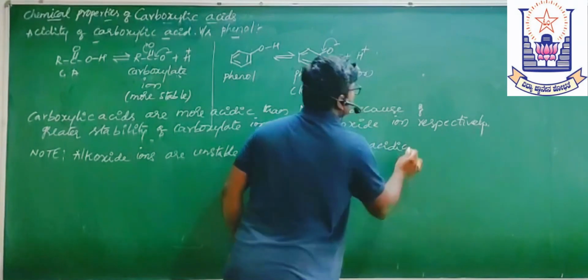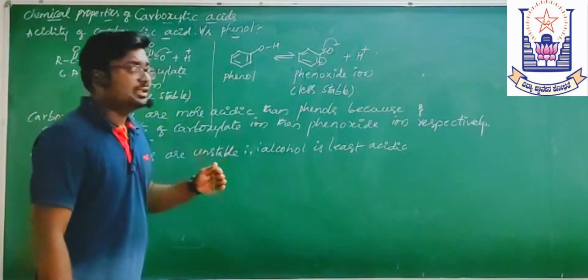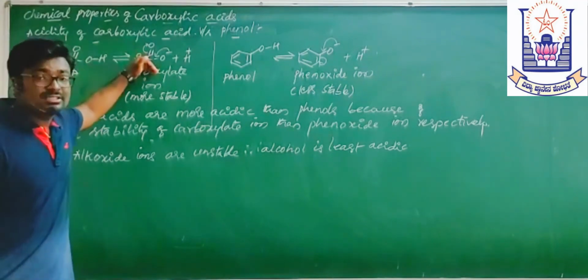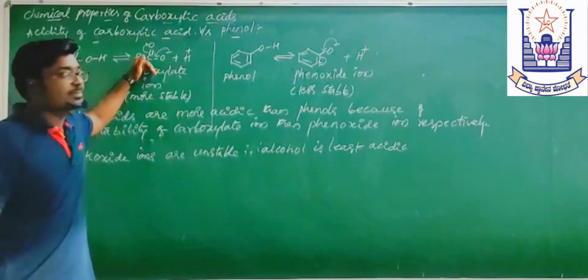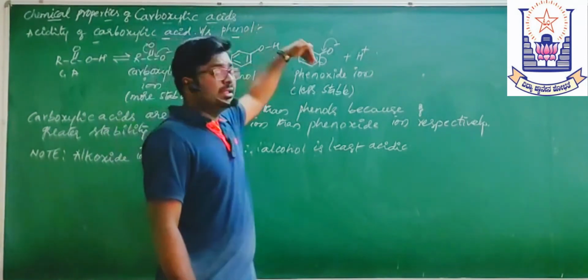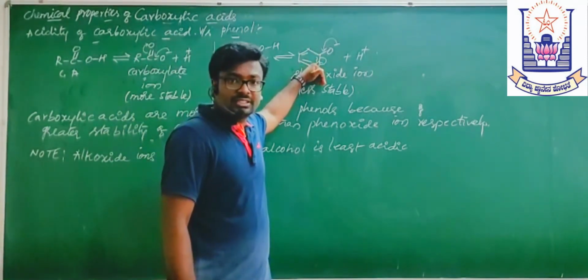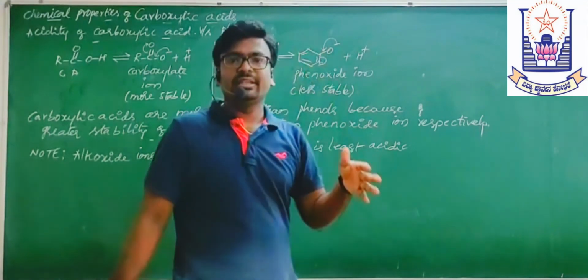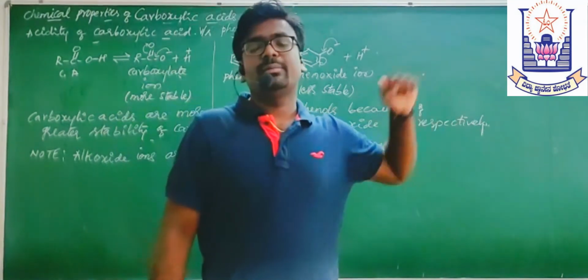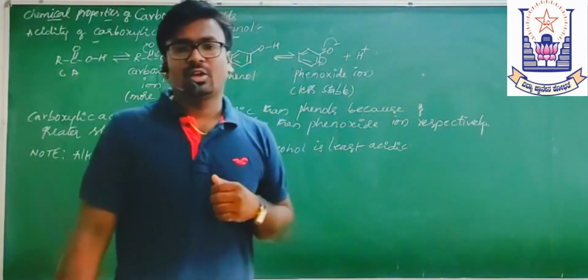Here you need to observe the acidity of carboxylic acid is dependent on the stability of carboxylate ion. Acidity of phenol is dependent on the stability of phenoxide ion, and similarly the acidity of alcohol is based on the stability of the alkoxide ion.